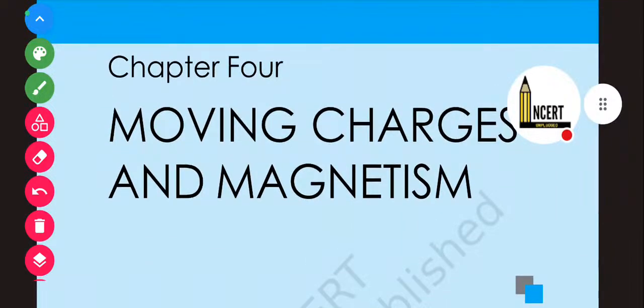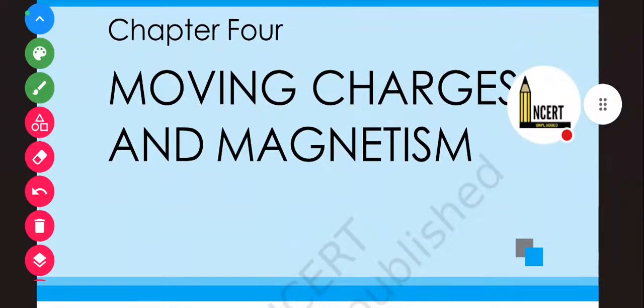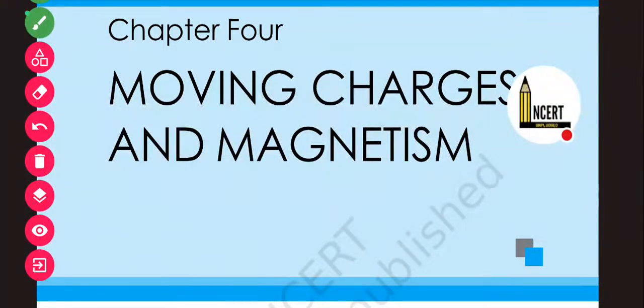So we'll first understand what we're going to study in this chapter. This chapter is about the effect of current. We'll study magnetism as an effect of current. Till now we have studied charges at rest in the first two chapters, and then current electricity in the third chapter, where charges were in motion.